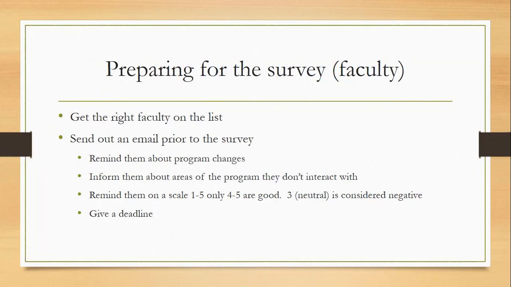But reminding our faculty that neutral is actually considered negative by the ACGME. So even though they think they're answering in a quote unquote neutral way, they are actually giving us negative marks, which is fine if that's what they think it should be.